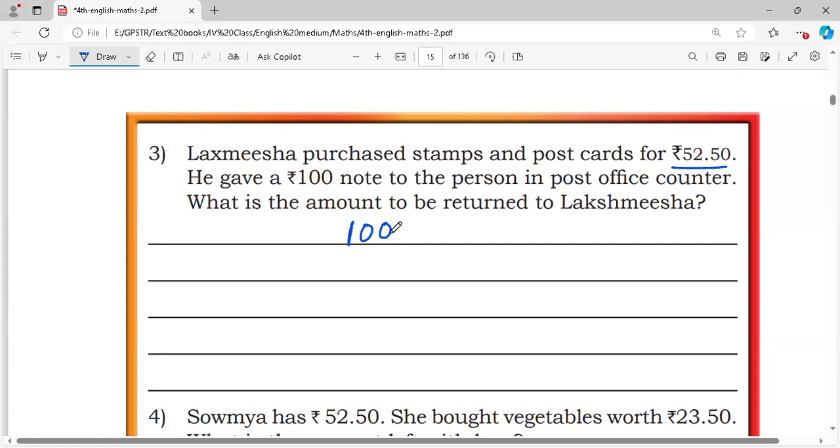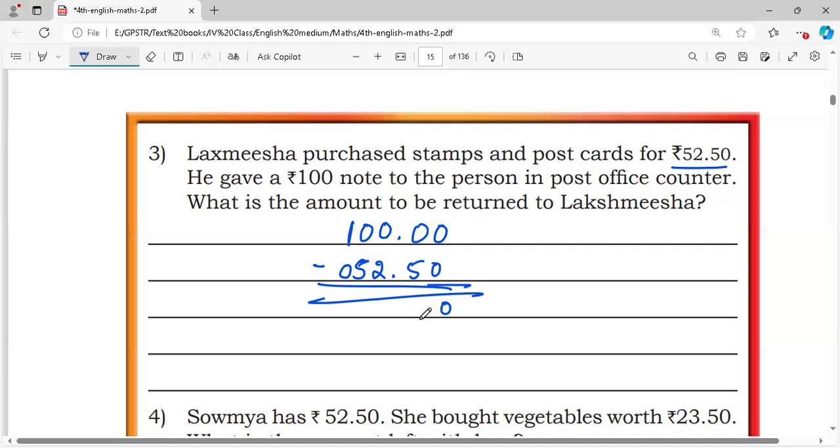He gave a 100 rupee note, 0 paise. Card rate is 52 rupees 50 paise. Just subtract. The hundreds place is not there, put 0. 0 minus 0, 0. 0 minus 5 is not possible.